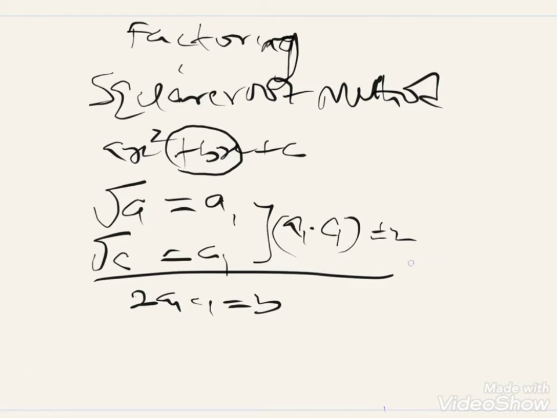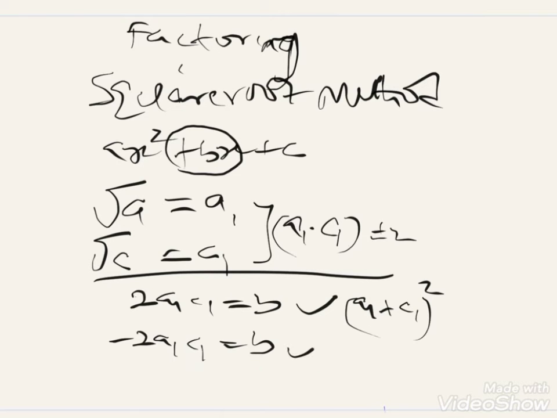If the sign is minus, we multiply by minus 2 to have minus 2 a1 c1, which must be equal to b, whether b is minus b or not. For the plus sign, we simply take the sum of the factors, a1 plus c1, into two places, as the factors of the given expression. Suppose it is minus, we simply take the difference, a1 minus c1, into two places to have the factors.